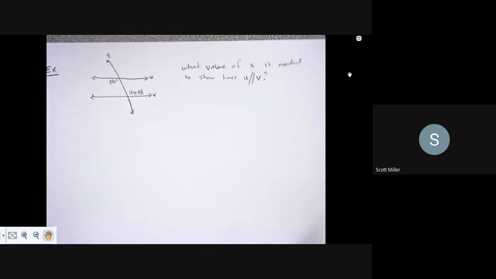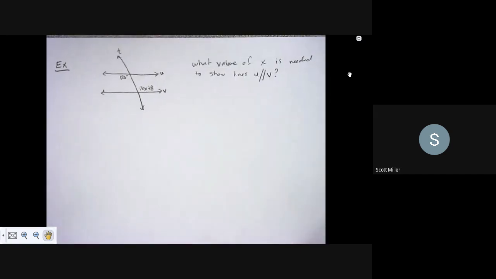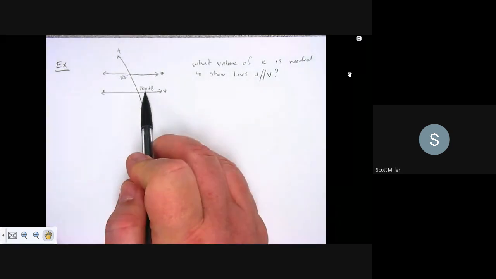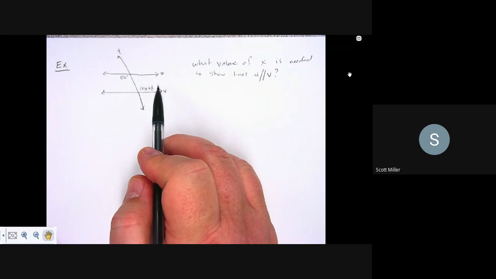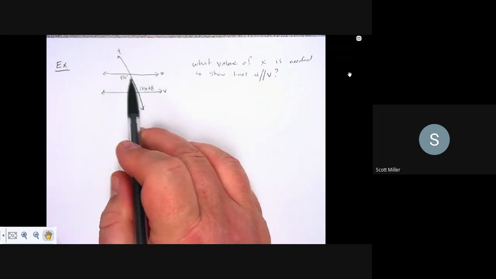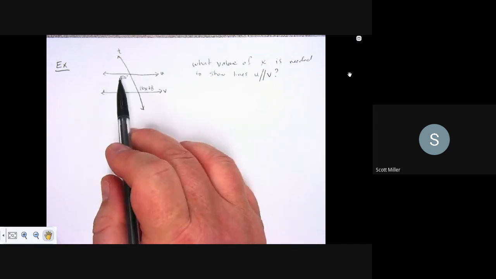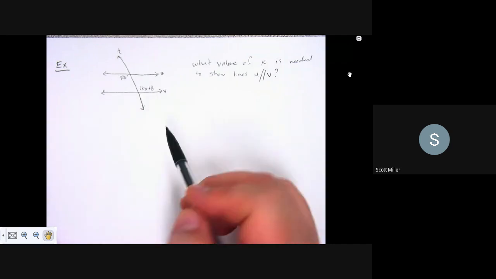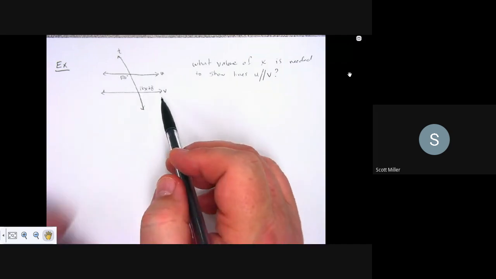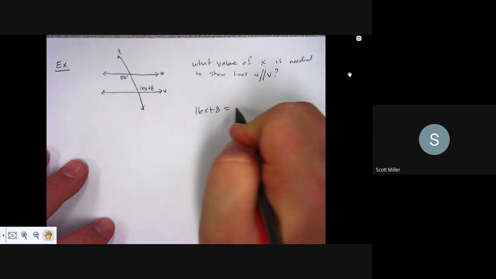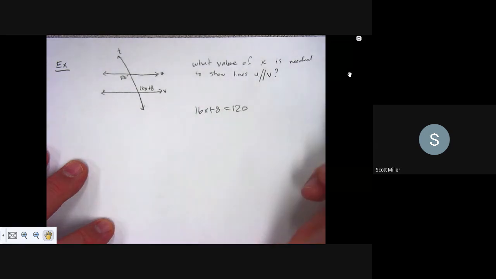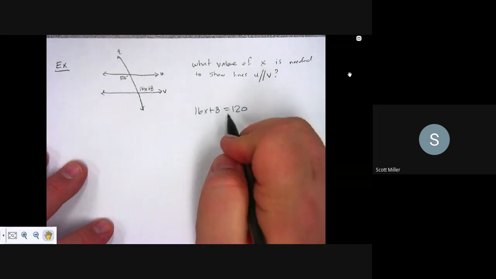An algebraic version of this would be like this. What value of x do I need to show that u and v are parallel? So what is the relationship between these two angles that are given? Well, they're alternate interior angles, which means they have to be congruent for these two lines to be parallel, which means 16x plus 8 must equal 120. So let's solve this.